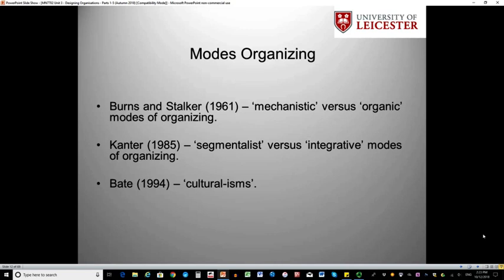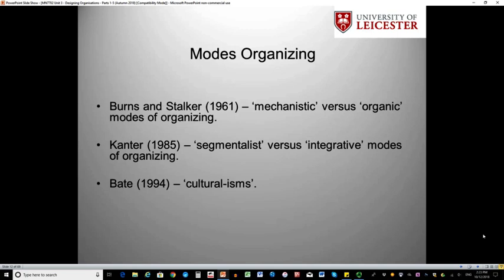Just a quick note about segmentalist and integrative, because that's quite useful for thinking about the mechanistic and organic modes. The term segmentalist used by Cantor is used to reinforce the notion that this mode of organising compartmentalises and segments the activities of the organisation into its different bits.